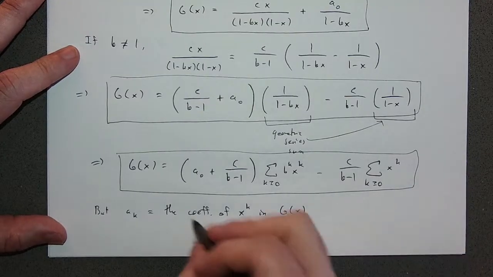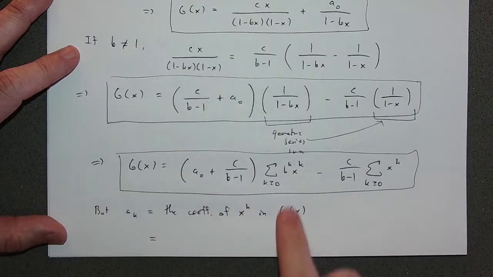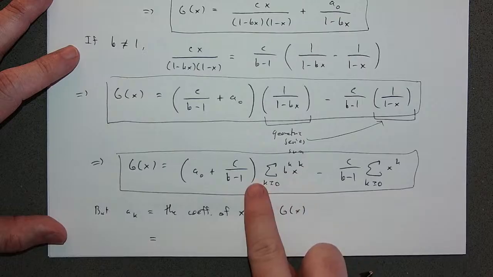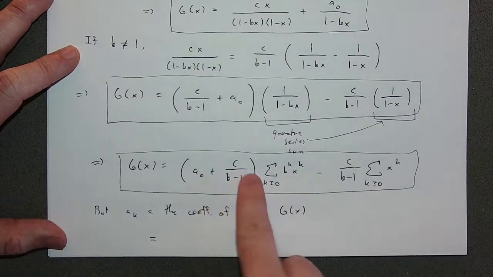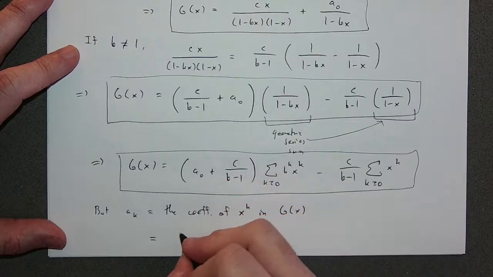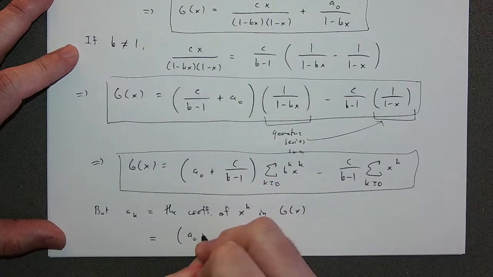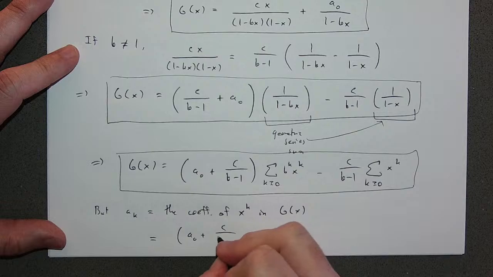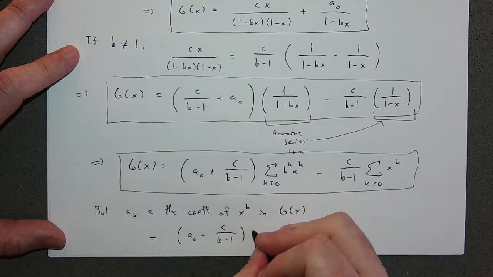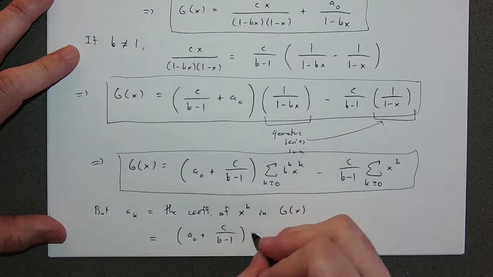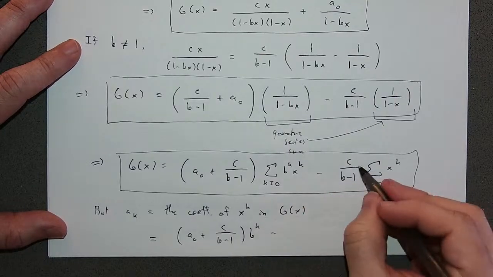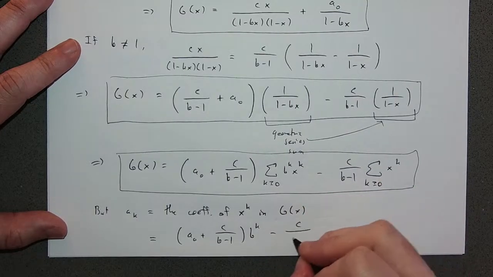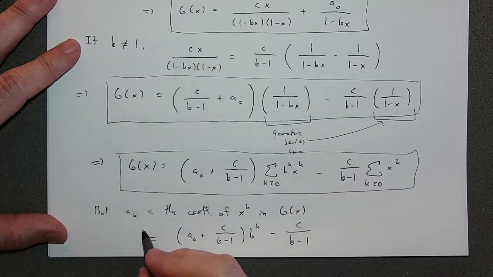Therefore, what is the coefficient of x to the k here? Well, I can just read it off. It's going to be a naught plus c over b minus 1 times b to the k minus c over b minus 1.